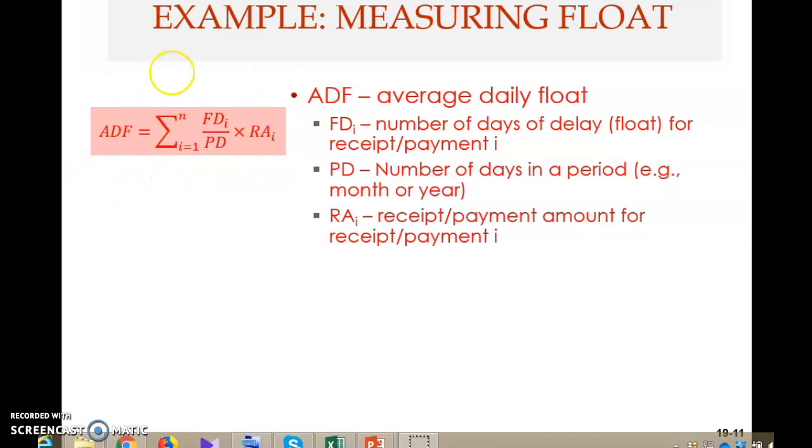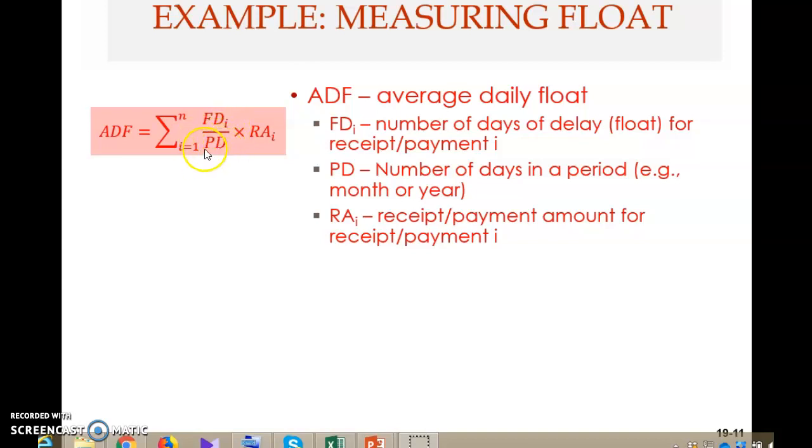So this is the formula. This is a summation from I equals 1 to n. If there are many receipts or many payments, I stands for receipts or payments, the number of receipts and payments. Now FDI is the float delay in number of days for the receipt or payment.